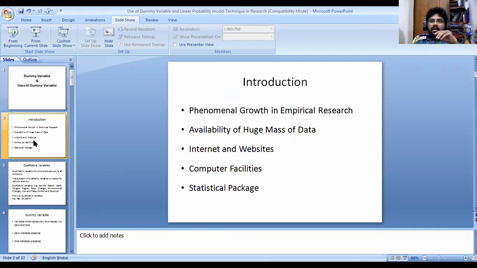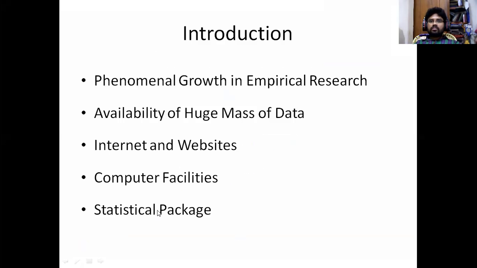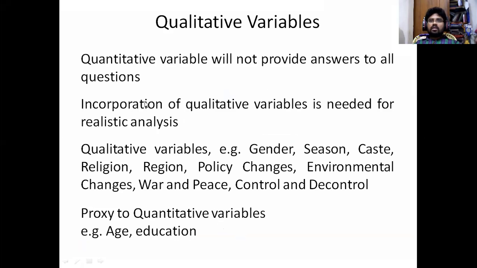Then I will discuss one by one. The qualitative variables will not provide an answer to all the questions. For example, do we think that black is greater than white or white is greater than black? We cannot get a suitable answer.